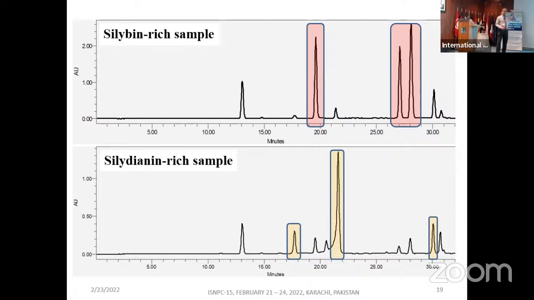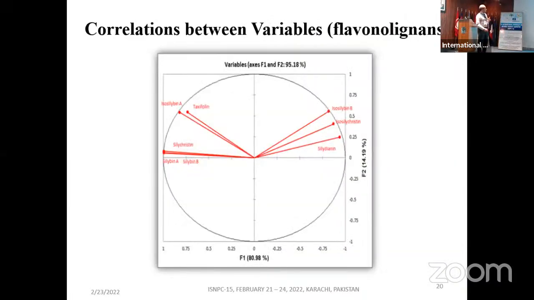We think backward. We think about the biosynthesis of these compounds inside the plant, and we examine the correlation in a quantitative manner. As you can see here, the PCA plot shows the correlation between the variables. The 3 vectors of isosilybin B, isosilicrystine, and silidimine are very near to each other.